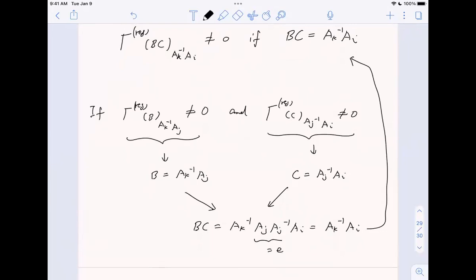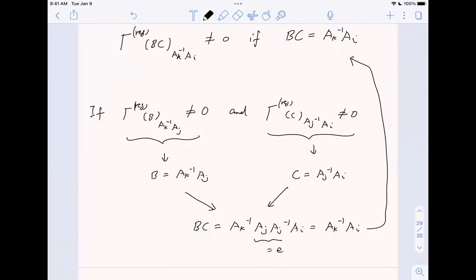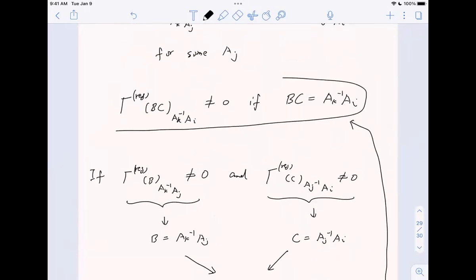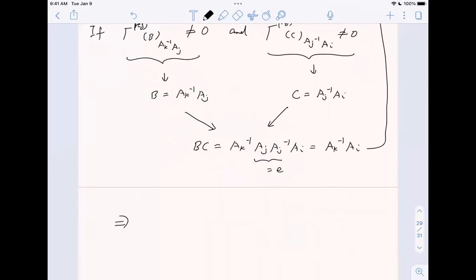So basically, if the matrices are defined this way, fulfilling this condition, eventually when they make a product, you have this relationship, not 0. So it shows that gamma regular is a representation.